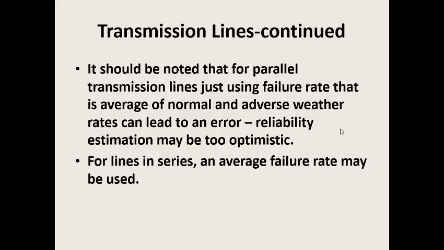You need to consider the two states separately because most of the overlapping failures happen in the adverse weather, and if you take the average, you tend to dilute that possibility, and therefore your calculations may be too optimistic.